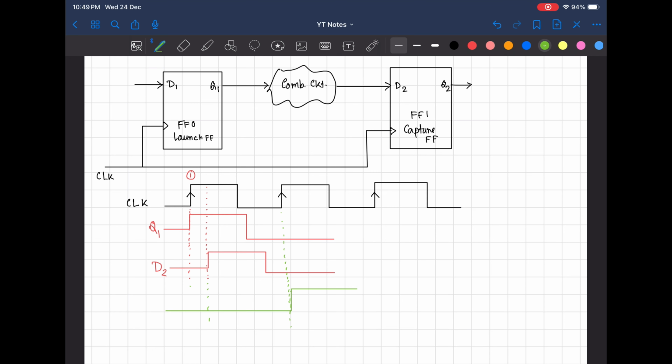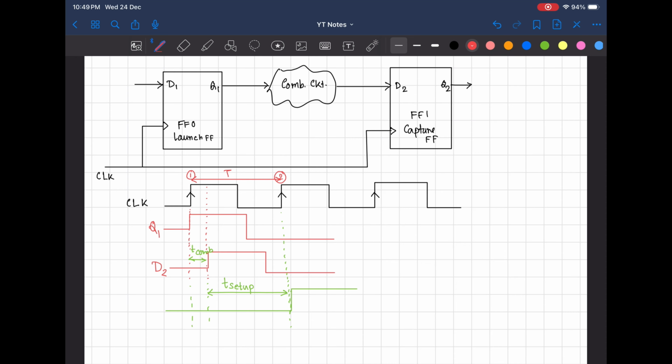So I have this much setup time window. This is the combinational circuit delay, this is the second clock edge, and between the two edges is the clock time period.